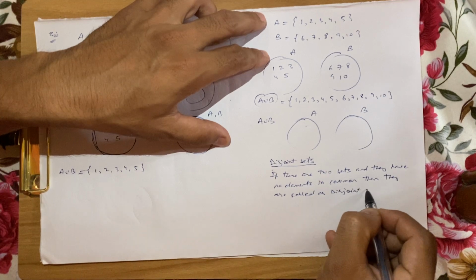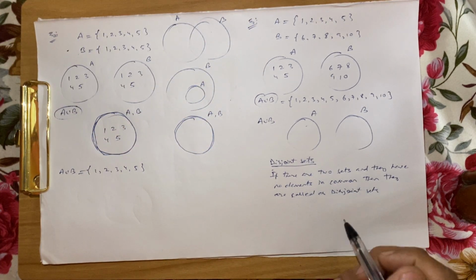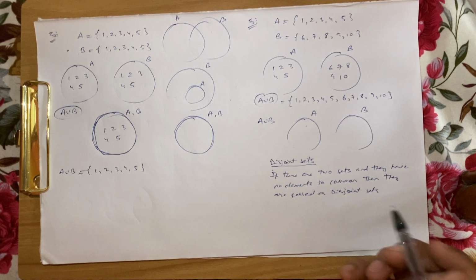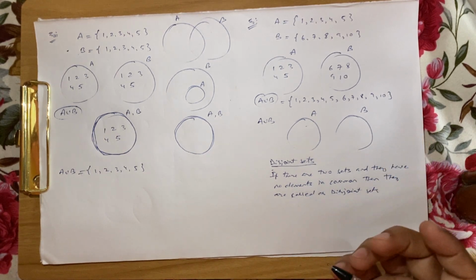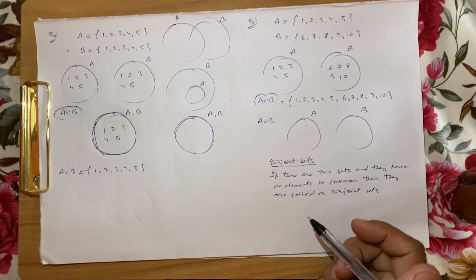And if you draw the Venn diagram of the union of two disjoint sets, the two circles will not touch each other. Okay, so this was the whole idea of union of sets.